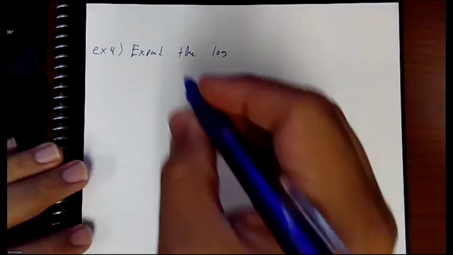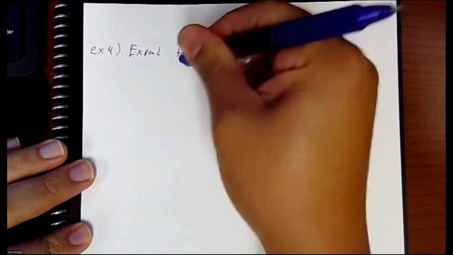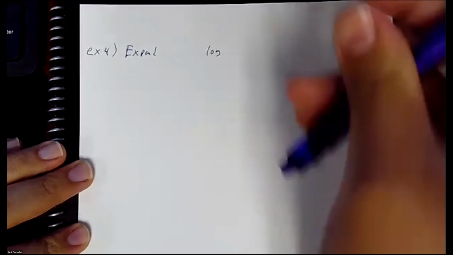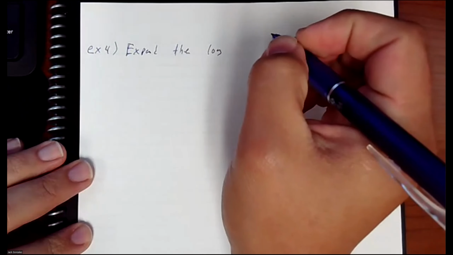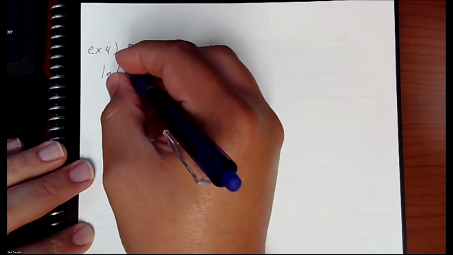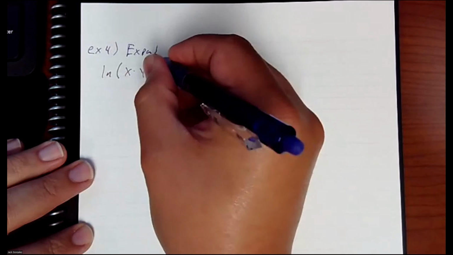So when you expand them, I want you to go as far as you can. It's the ln of x times y to the 4th.